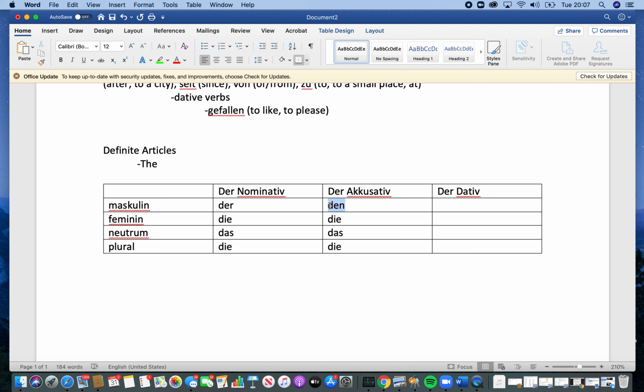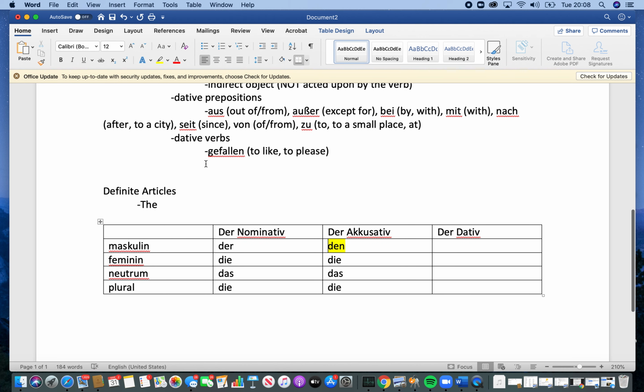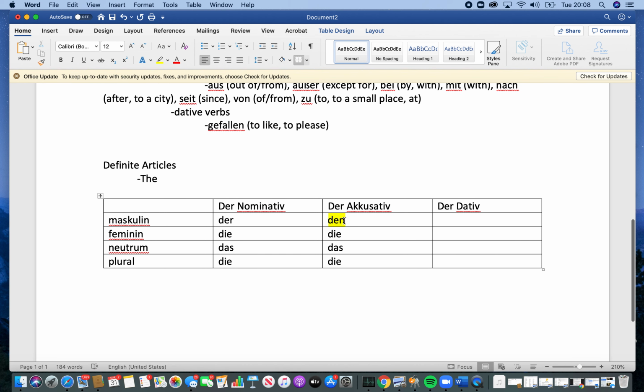So this is our only change. And I think we did yellow for accusative. Yes. Just to point that out, that's the one changing. Dative, everything changes. So we have maskulin, dem, feminin, der, neutrum, dem, und plural, den.